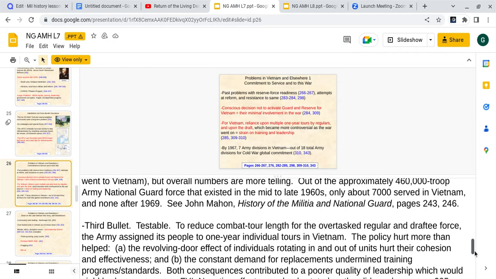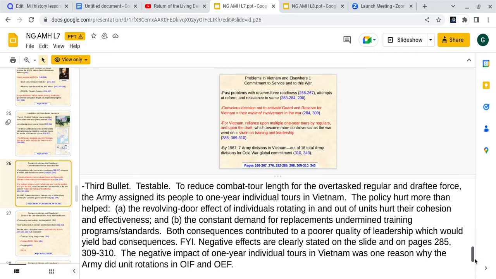For the third bullet, we're going to go into detail about this because it is testable. They use something known as the revolving door effect of individuals rotating in and out of units. That hurt their cohesion because, like I said, lack of experience, right? As soon as somebody gets 1 year of experience, they get replaced by somebody new. And so this revolving door leads to people that are inexperienced, and the units aren't very cohesive because people don't really get to know each other for a very long period of time, right?